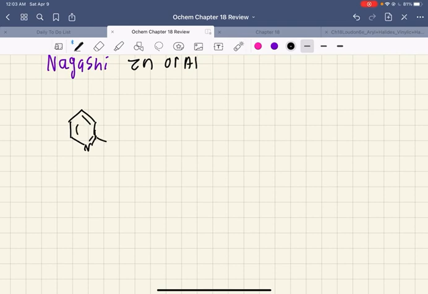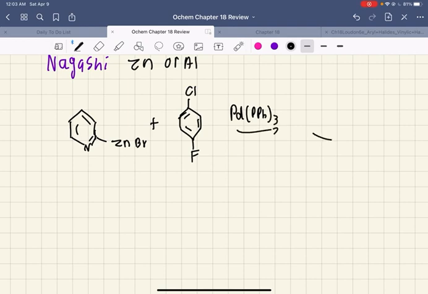This is coupled with a zinc bromide, excuse me. We'll have this complex. We'll use Pd, PPh3, and it'll couple this way.